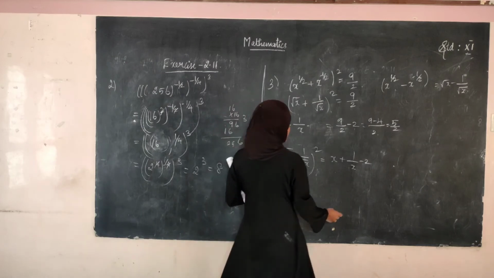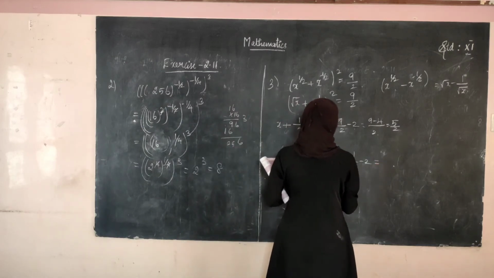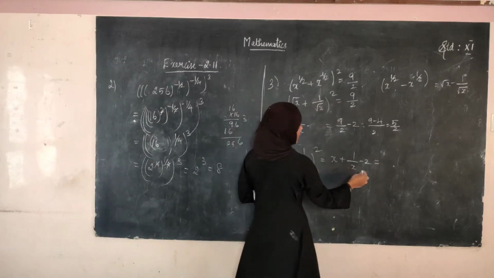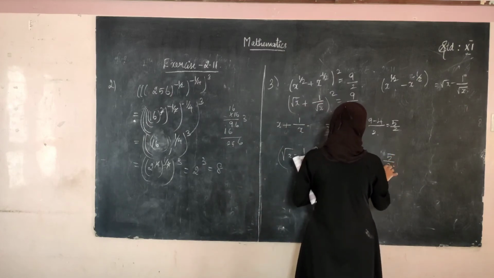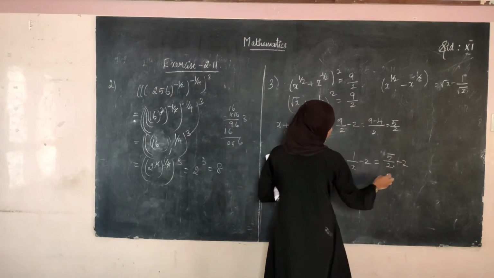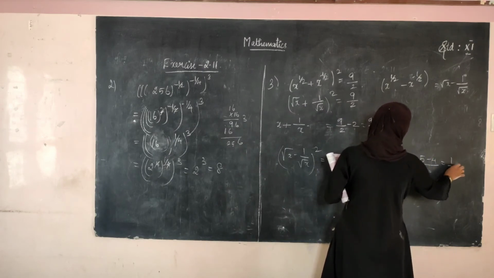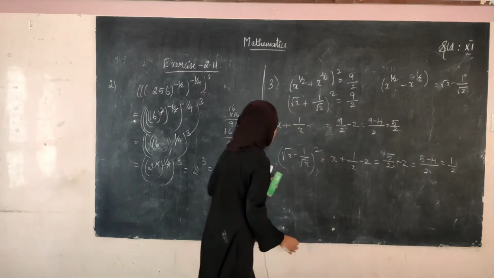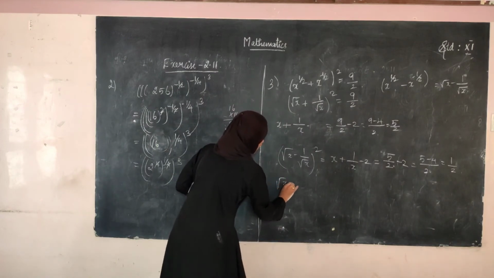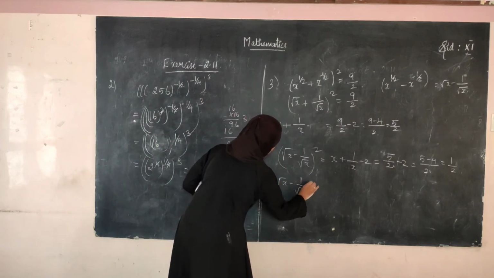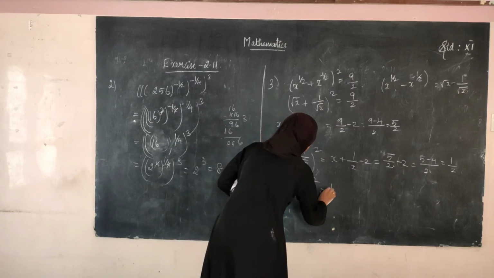We already know x plus 1 by x is 5 divided by 2, and minus 2, which is 5 minus 4 equals 1 divided by 2. So root x minus 1 divided by root x, the whole square, is 1 divided by 2.